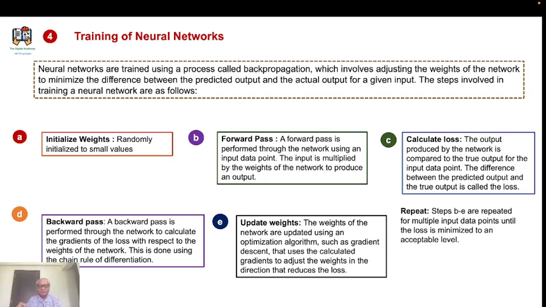Then the network goes backwards through the neural network, calculating the gradient, which is the direction of the highest error, and then adjusts the weights and the biases, which is the activation of the neurons, exactly in the opposite direction of the gradient, and over a period of time minimizes the loss or the error function.